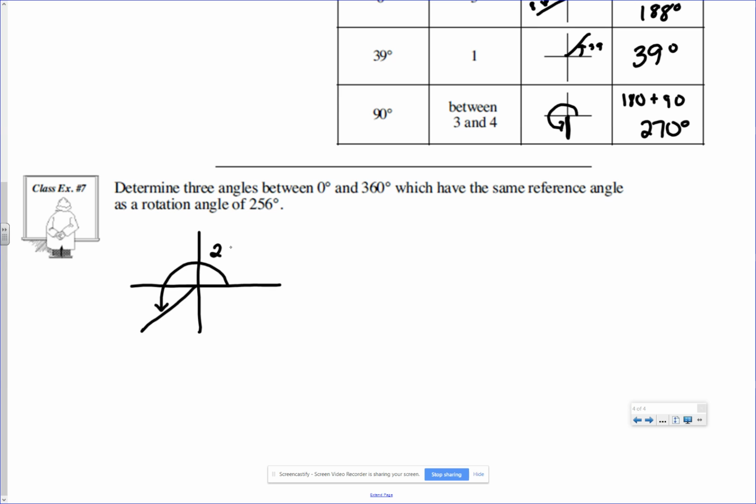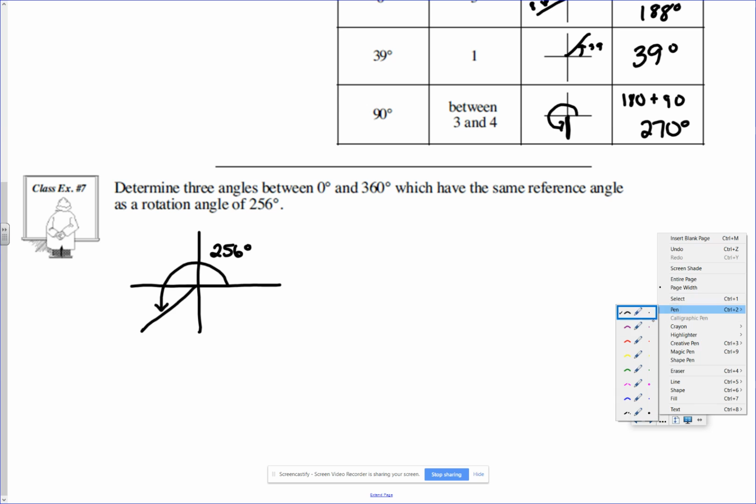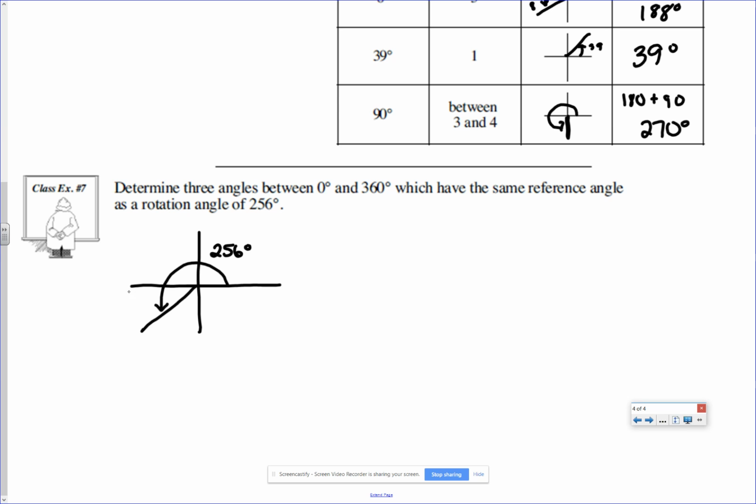So there's 256. So our reference angle is between the x-axis and the arm. So there's our reference angle. And for this one, because we're past 180, we'd go 256 minus 180, and that gives us 76 as an answer. So our reference angle would be 76.